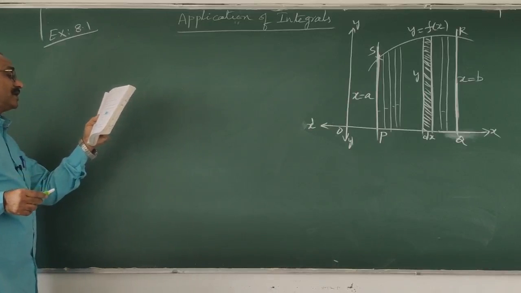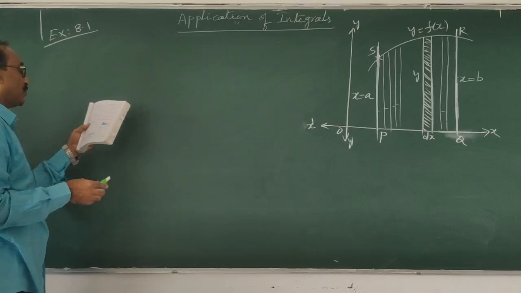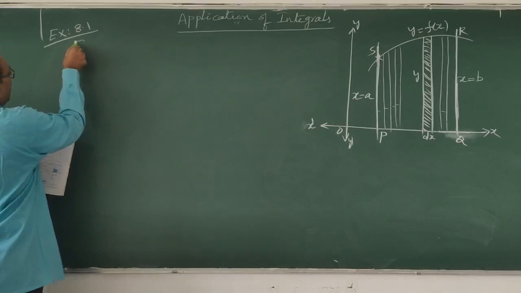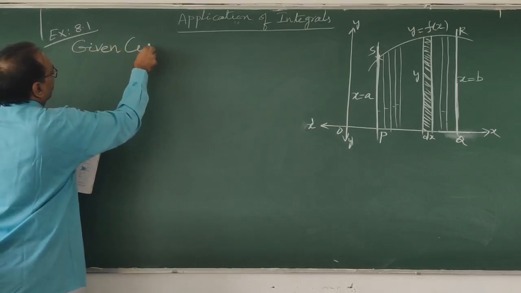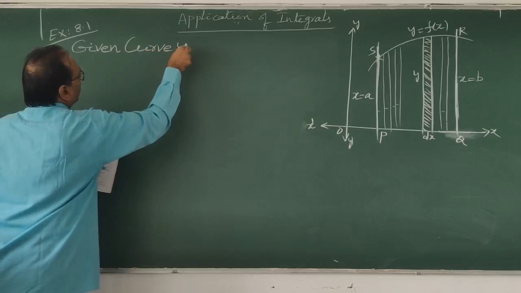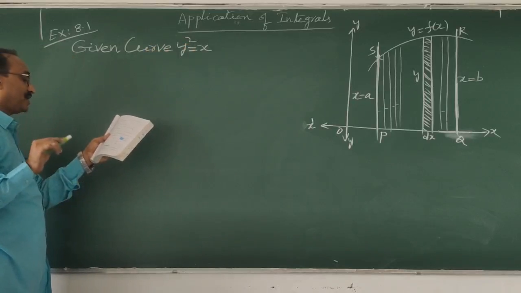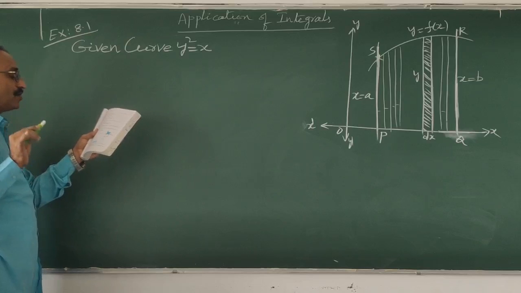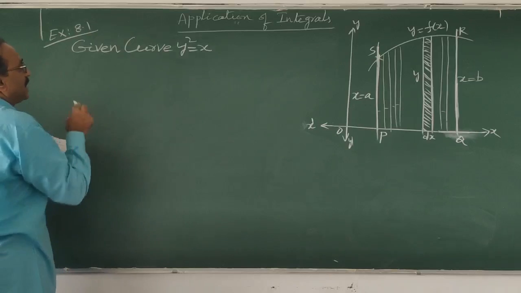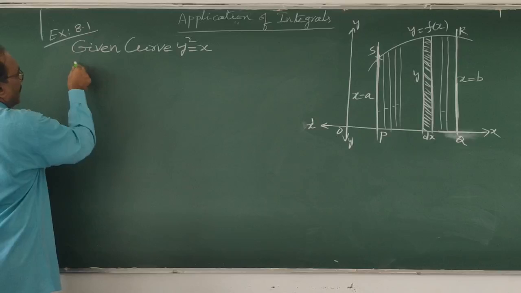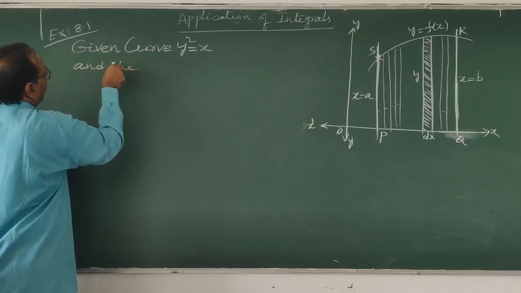Find the area of the region bounded by the curve y square is equal to x. So I will write here the given curve, y square is equal to x. Once again I will read the problem. Find the area of the region bounded by the curve y square is equal to x, and the lines, what are the lines given?